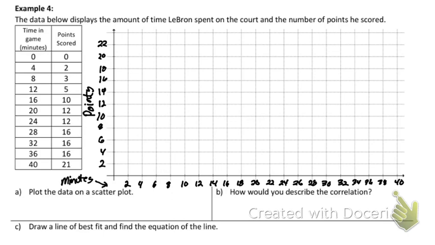Now let's plot all that data. So when he plays 0 minutes, he scores 0 points. What a weird stat. All right, when he plays 4 minutes, he scores 2 points. 4 goes to 2. 8 goes to 3. 12 goes to 5. Looks like 16 goes to 10.